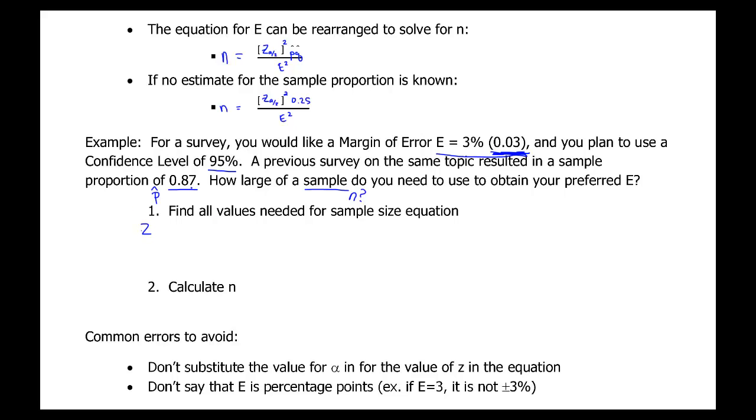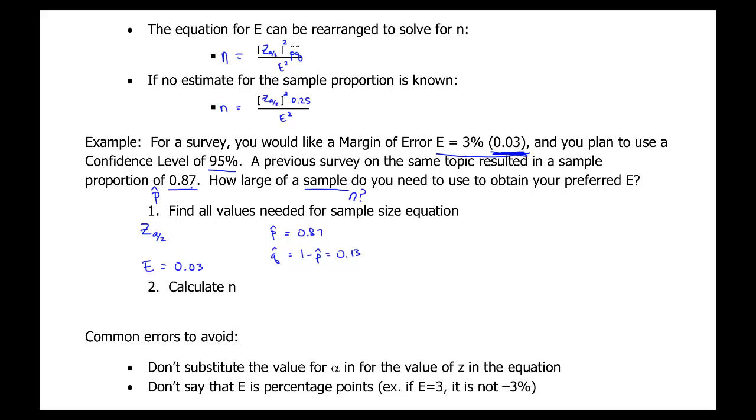So we need a z, we need margin of error, we need p hat and q hat. They gave us p hat in the problem, 0.87. And p and q have to add up to 1, so 0.13 for q hat. They give us the margin of error, 0.03.